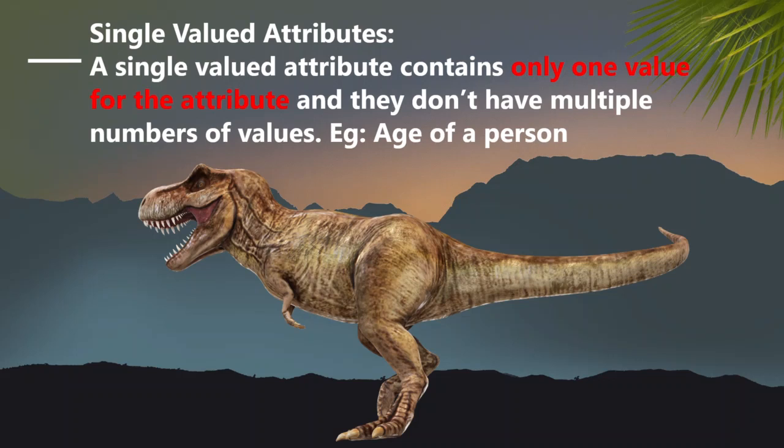When we say the age of a person, we cannot say the age as 3, 5, 7, 12 like that. A person will be having a single age. So such attributes which own a single value are known as single valued attributes.